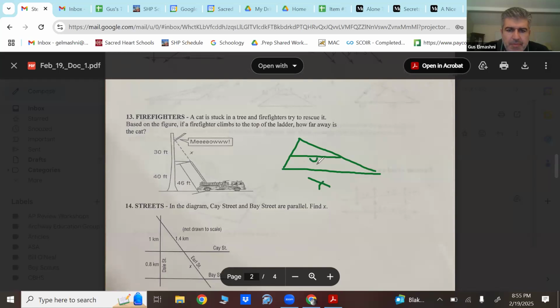That's x. That's 46. Guess that's 40 and 30.